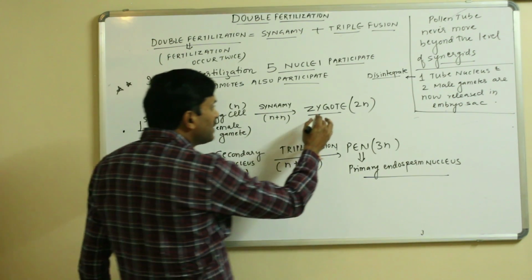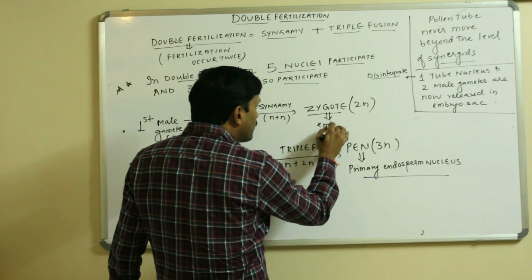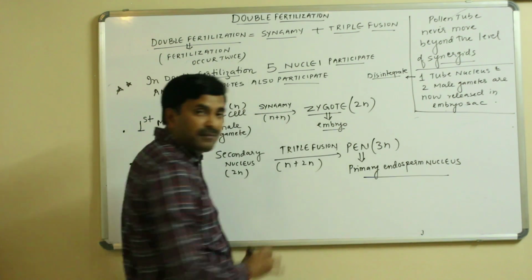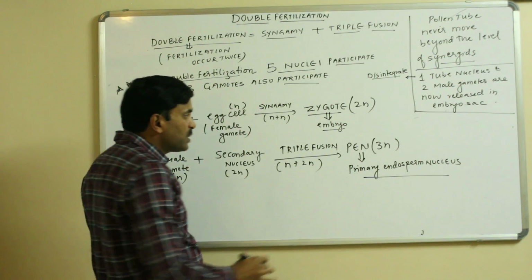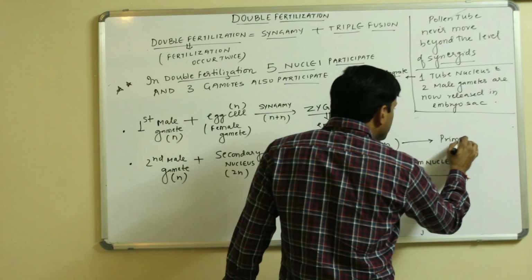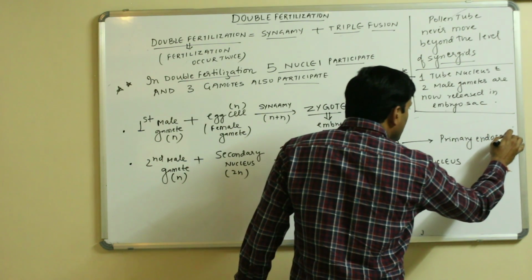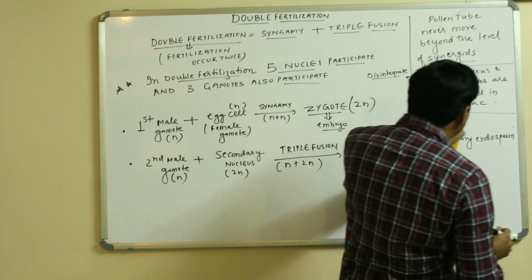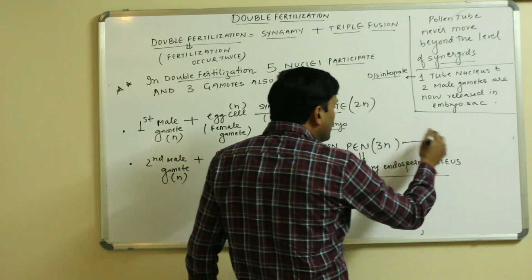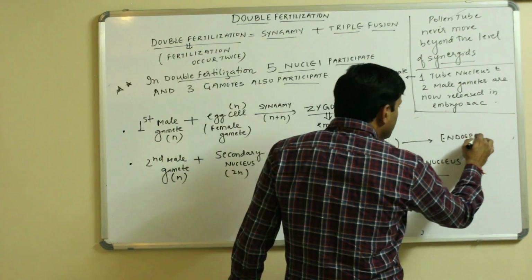Later on what will happen? In the embryo sac, the zygote will be converted into the embryo. And this PEN, the primary endosperm nucleus, will form the endosperm.